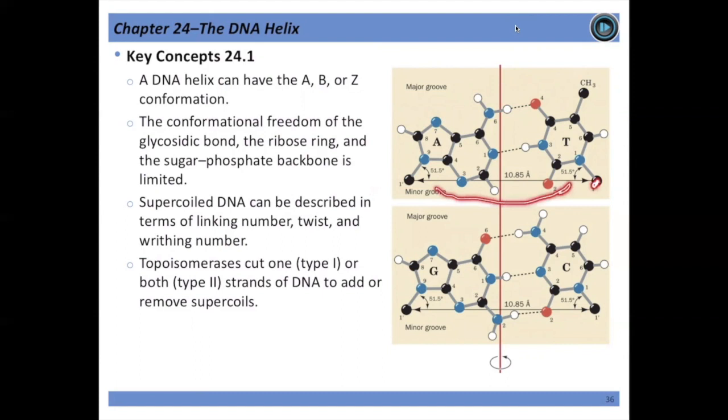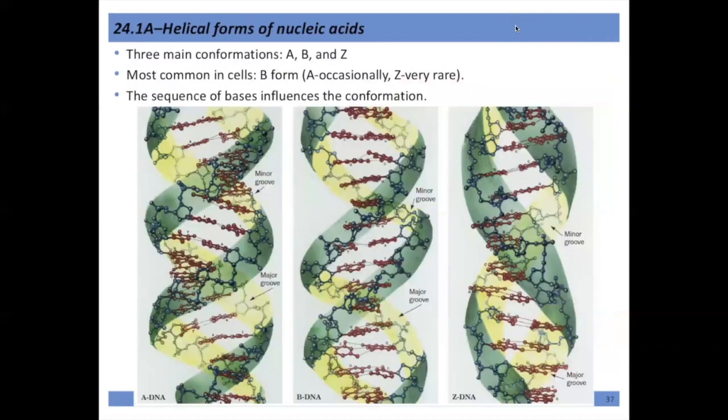This is where it's linked to the sugar. And again, we'll see that. I just wanted to point that out on the base pair. So when we talk about the major and minor groove, you can actually start to see that in the major groove, this portion of the nucleotides are actually fairly well exposed.